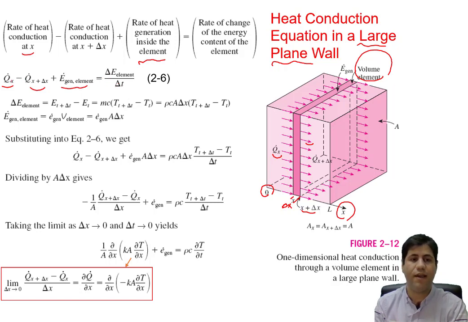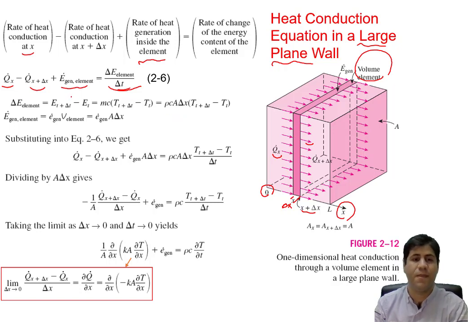Now let's see how we can find each one of these terms. Delta E of the element means the energy content of the element will change with time, because we are talking about the rate here.